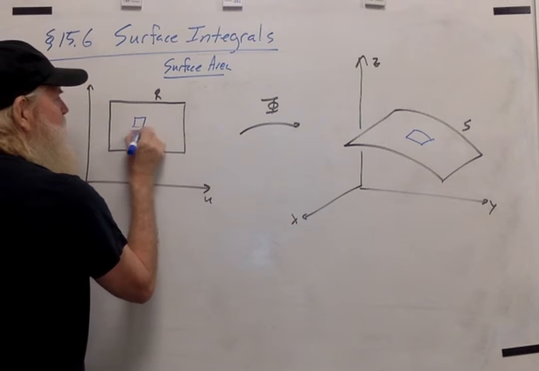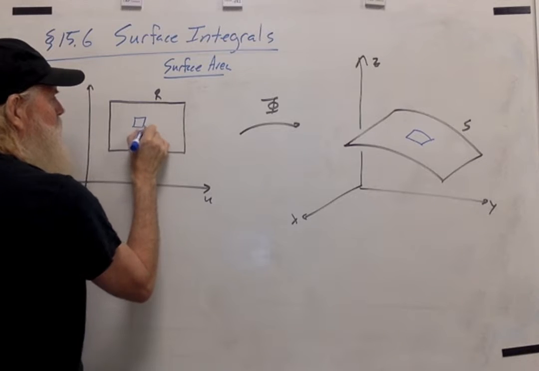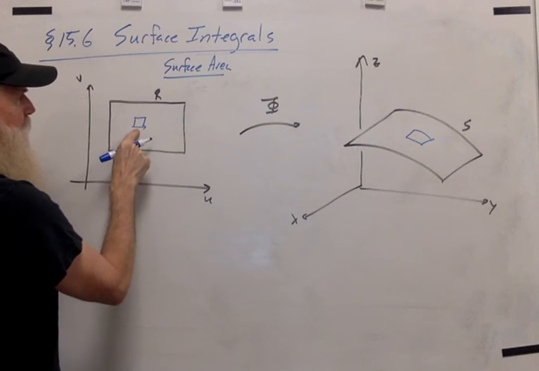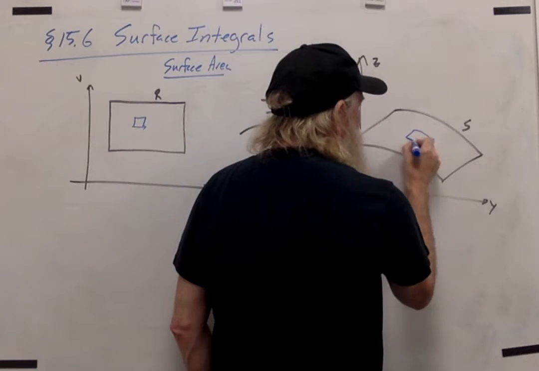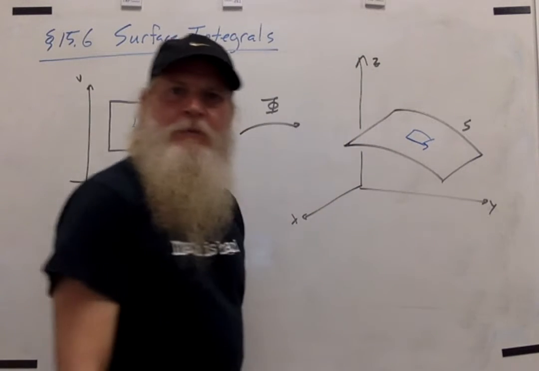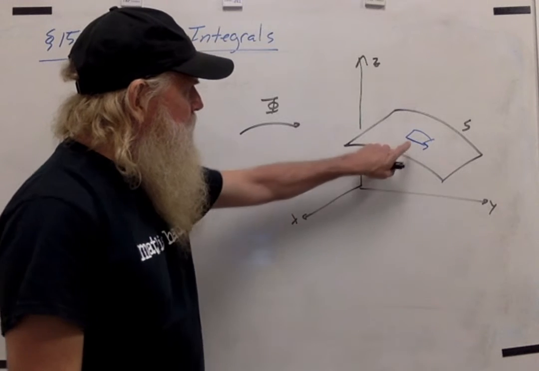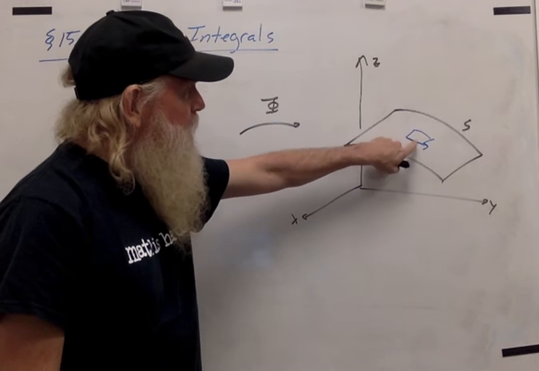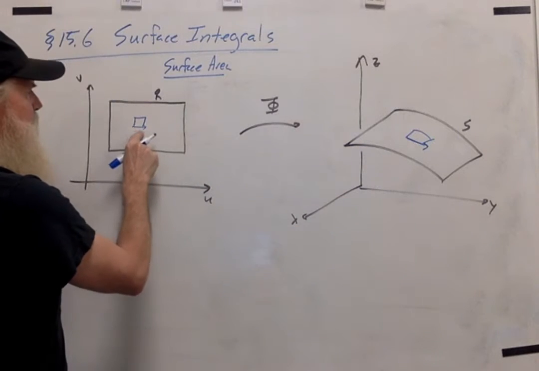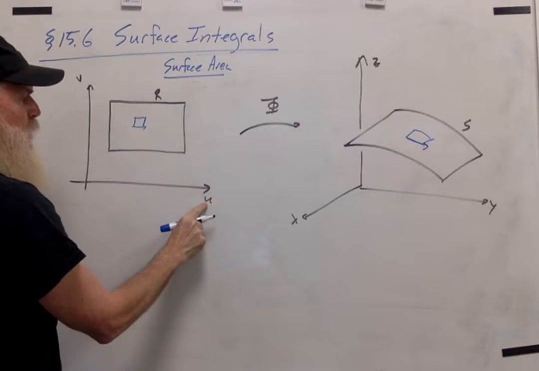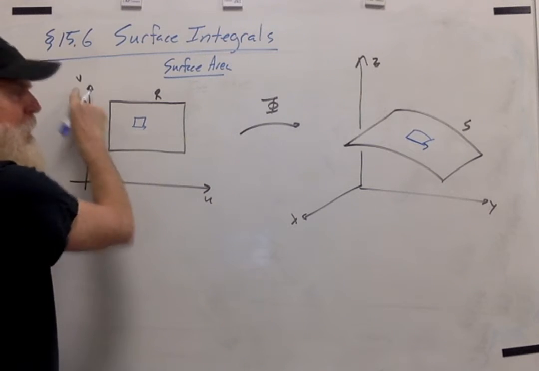Well, if I take the little vector along this horizontal edge of this rectangle, then that maps over roughly to a tangent vector to the surface S. Now notice here that I'm moving horizontally, so U is changing and V is not.